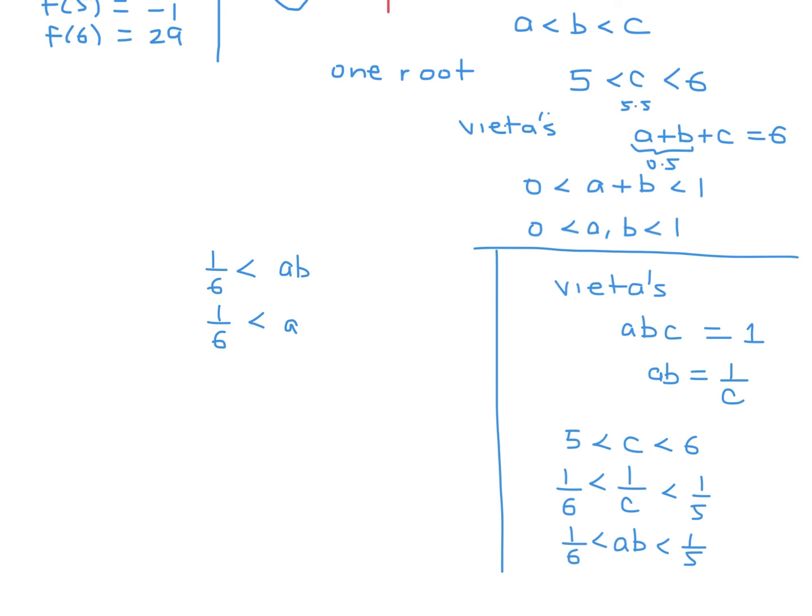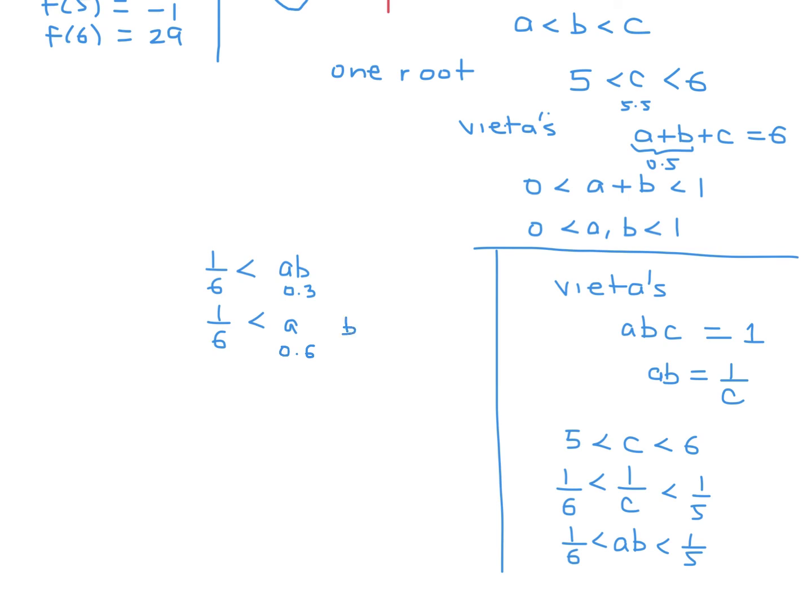Like, for example, let's say you have that A times B is 0.3. And let's say you start off with A being 0.6, right? Well, when you multiply it by B, it's got to come down to 0.3, and that happens because B is less than 1.